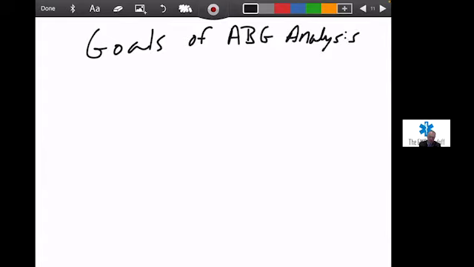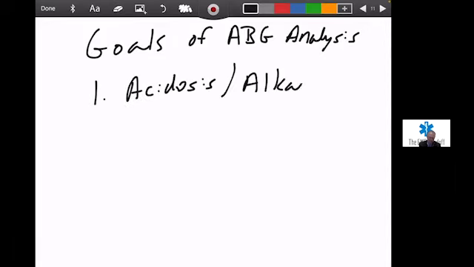Given the lab values, we've got to determine, first of all, is it acidosis or alkalosis? Very easy to determine.